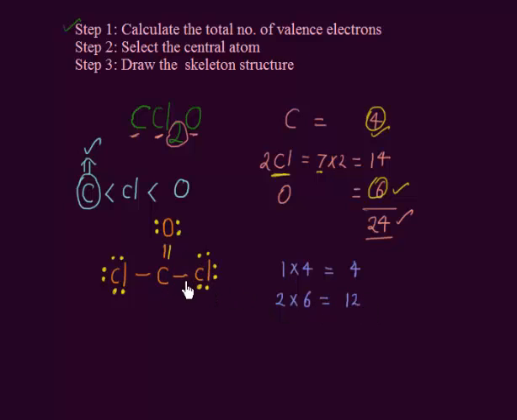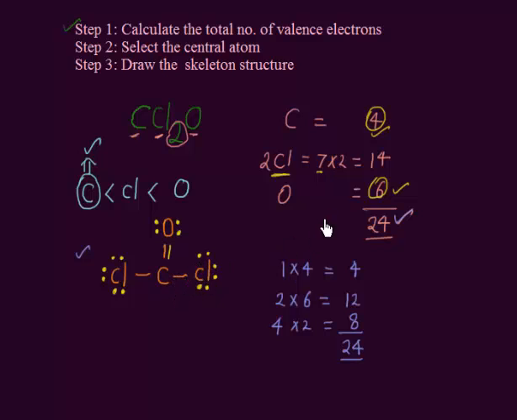And the number of bonds: there are 4 bonds, and each bond has 2 electrons; 4 × 2 is 8. Now we add these numbers up. 12 plus 8 is equal to 20, and 20 plus 4 is equal to 24. Here you can see that it satisfies the total valence electrons of carbonyl dichloride. This is the Lewis structure of carbonyl dichloride.